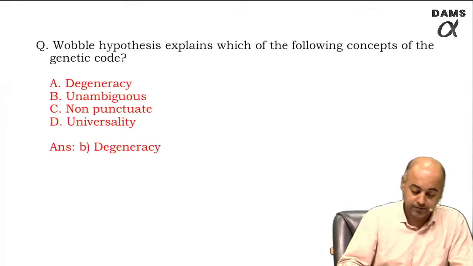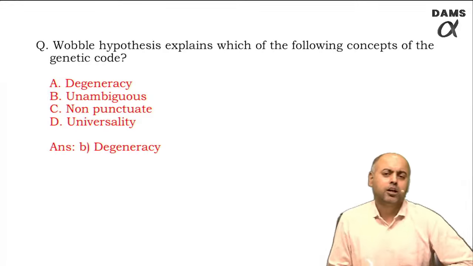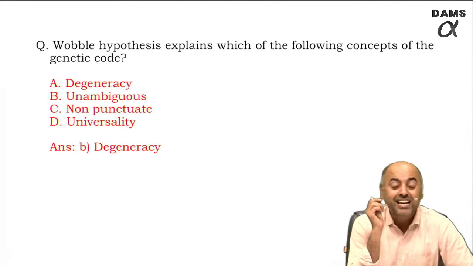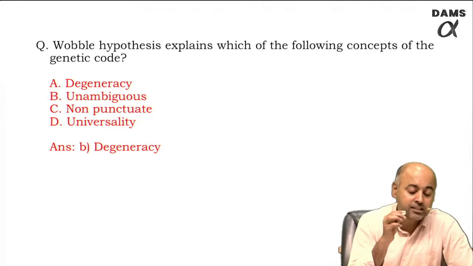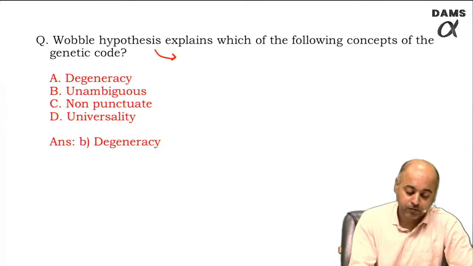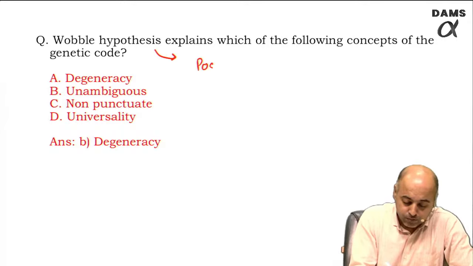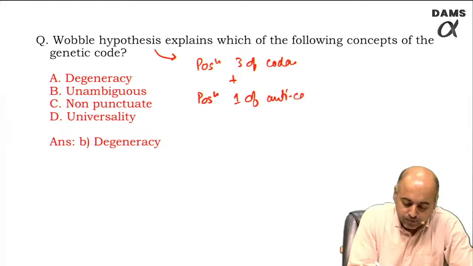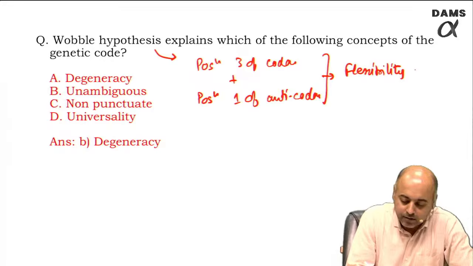All right, now this wobble hypothesis, wobble phenomena, wobble site, these terms are commonly asked in the exam. So first, what is wobble hypothesis? Position 3 of codon and position 1 of anticodon have flexibility in pairing.